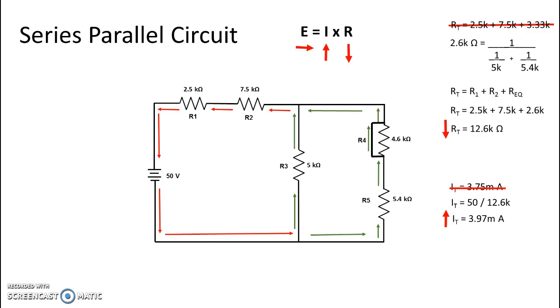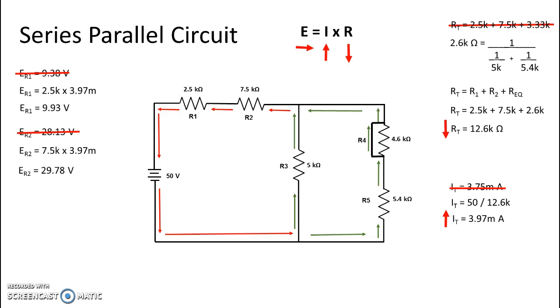Let's look at voltage drops. So for R1, we did have 9.38 volts, and we take the ohmic value now of R1 and multiply it by our new larger current, and we see a slightly larger voltage drop of 9.93 volts. And again, on R2, we have the same ohmic value, but a larger current, so we see a slightly larger voltage drop.